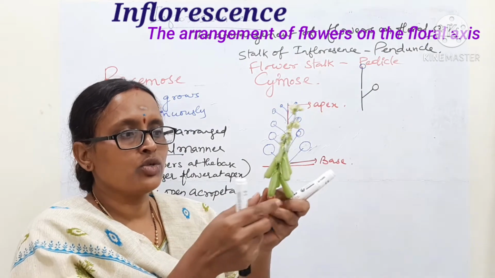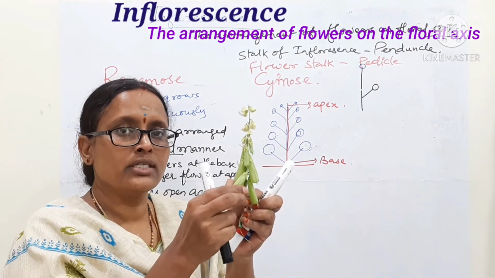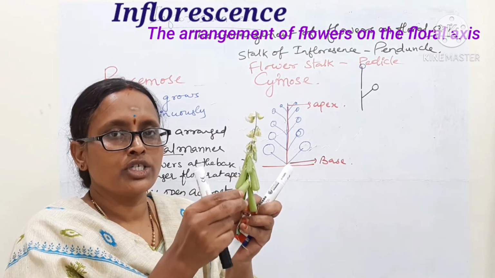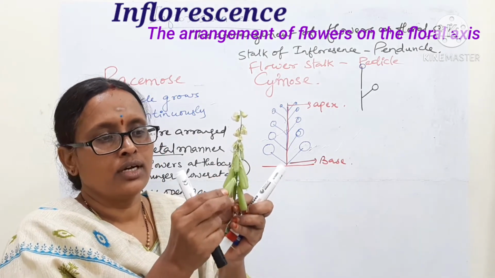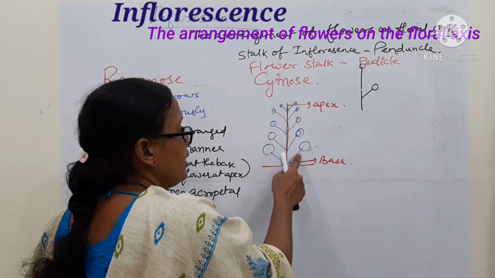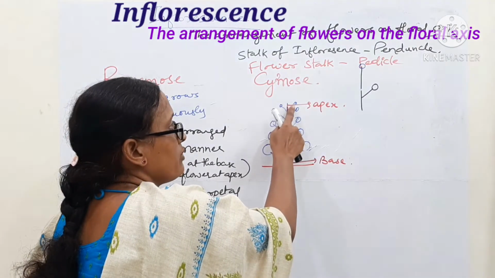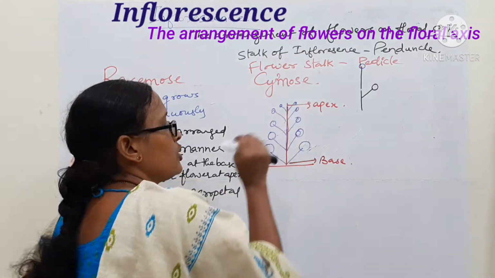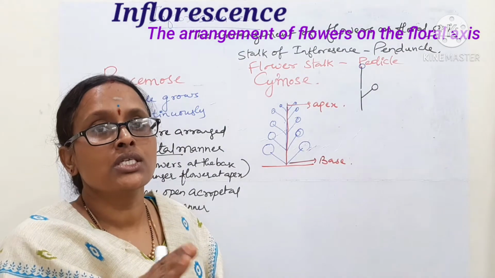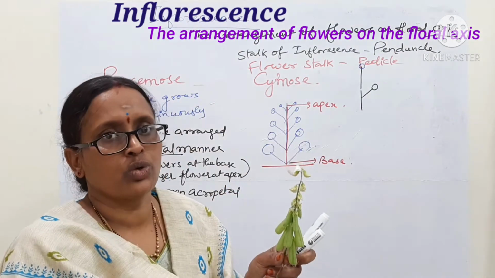In this case the same thing happened: these flowers blossomed first, matured, pollination took place and fruit formation is completed. The flowers at the base open first, while the apex keeps growing continuously. The peduncle growth is continuous.